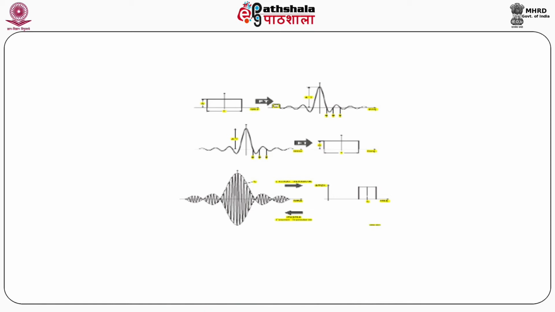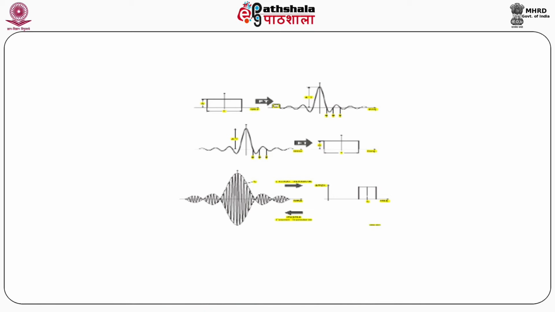So all these three gradients are applied to select the slice and to address the MR signal to a particular location. I mean, how does the MR signal know where this signal is coming from?